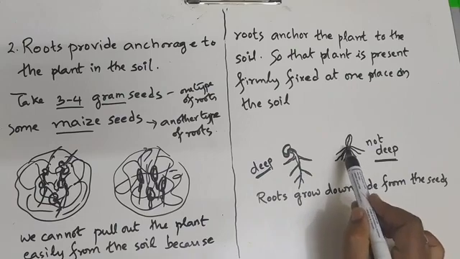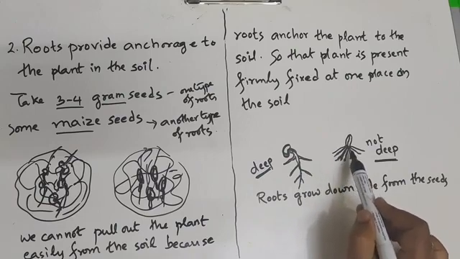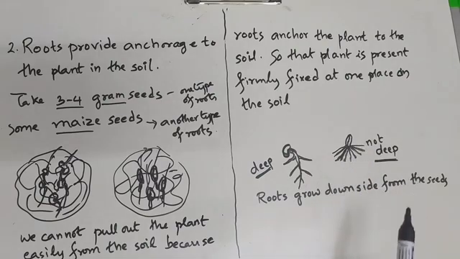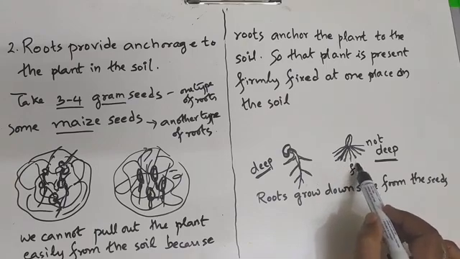Whereas here all the roots are of the same type. You cannot find one main root and some side roots. All roots are the same, and they appear like fibers.